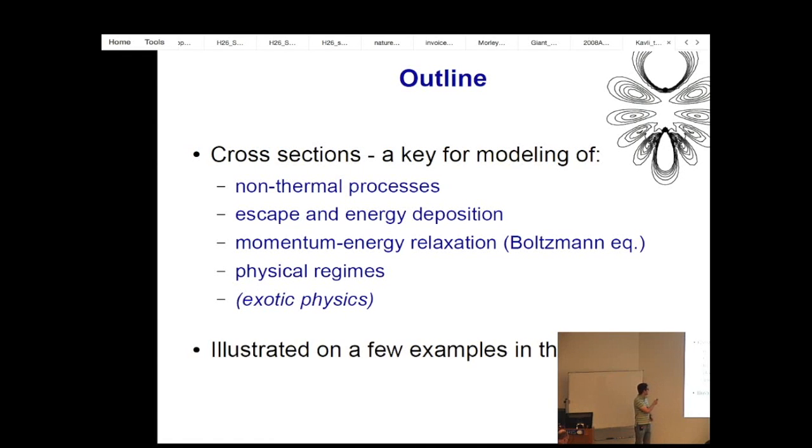And typically, the things that we are concerned about in here are non-thermal processes, escape, energy deposition, relaxation within the hot atmospheres, perhaps different physical regimes, and perhaps some traces of exotic physics that we don't really expect just by making a comparison with the solar system.